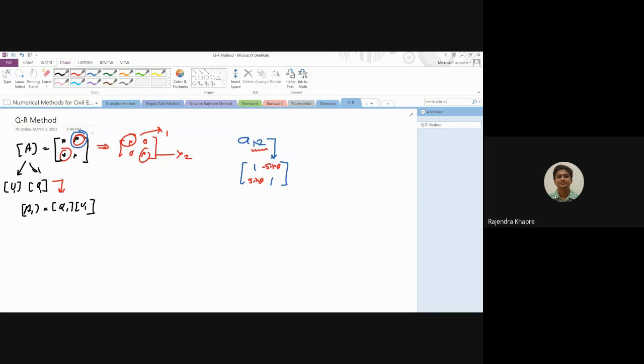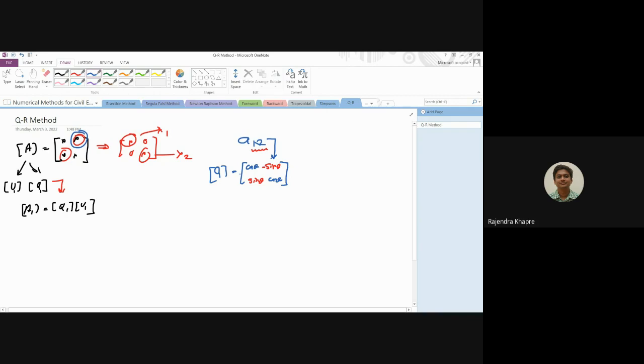So at location 2 1, you write plus sine theta. Then at location 1 1 and at location 2 2, you write cos theta. So this is nothing but your Q matrix.